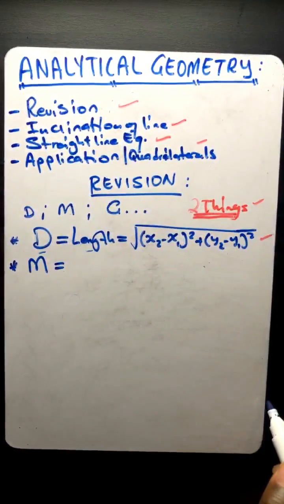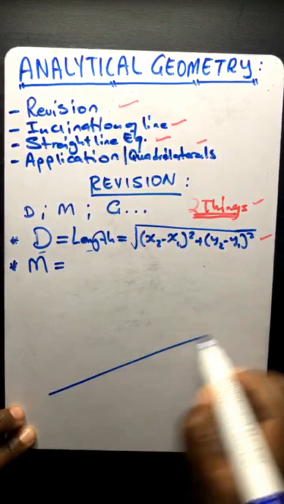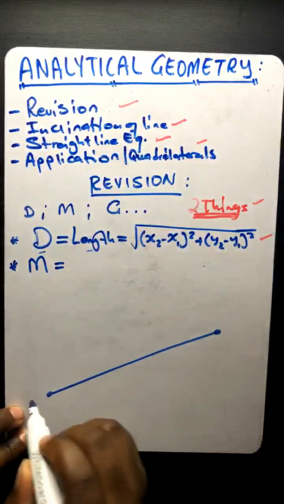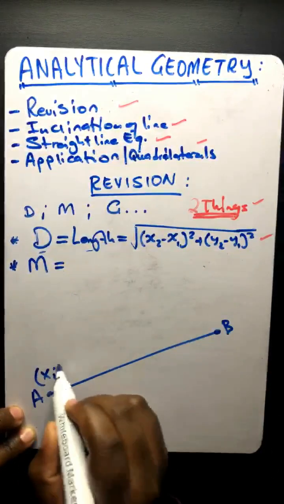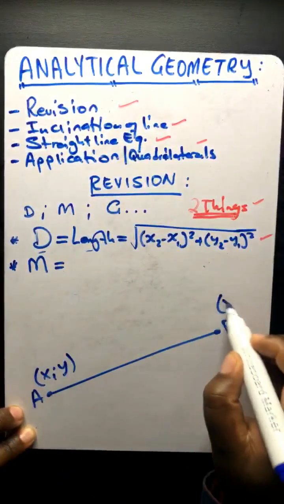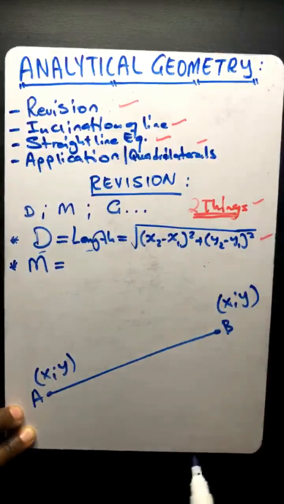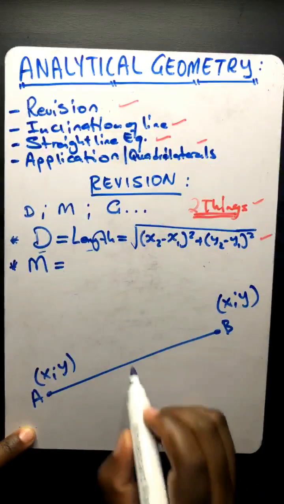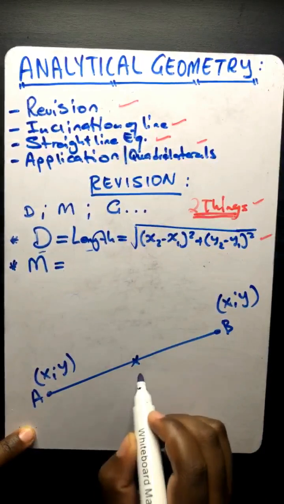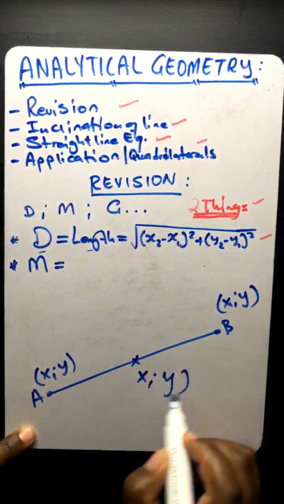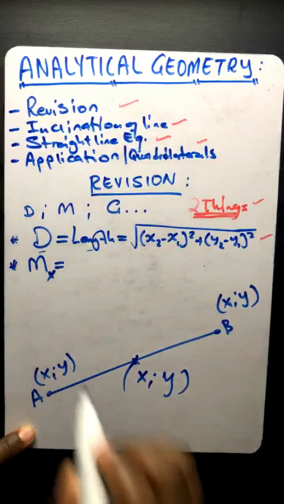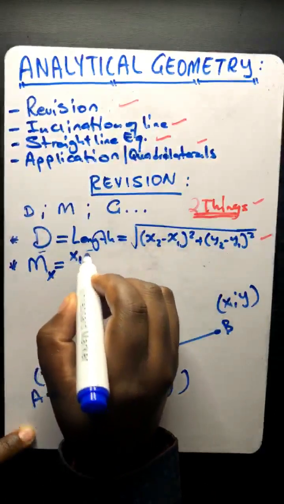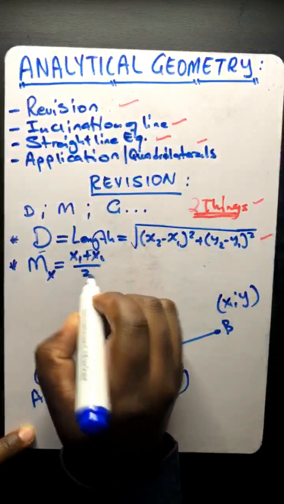Since mathematically a point is made up of coordinates, having the x and the y value, to calculate the middle point, which is going to have the x and the y value, we have a formula for the midpoint of the x value being x1 plus x2 divided by 2.